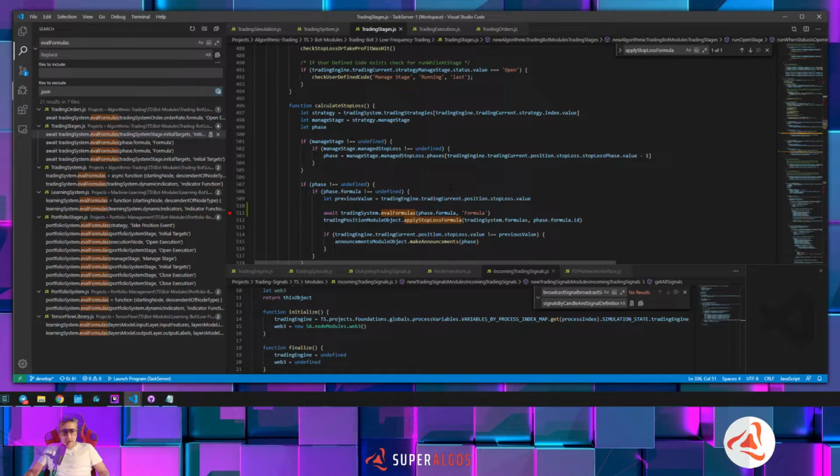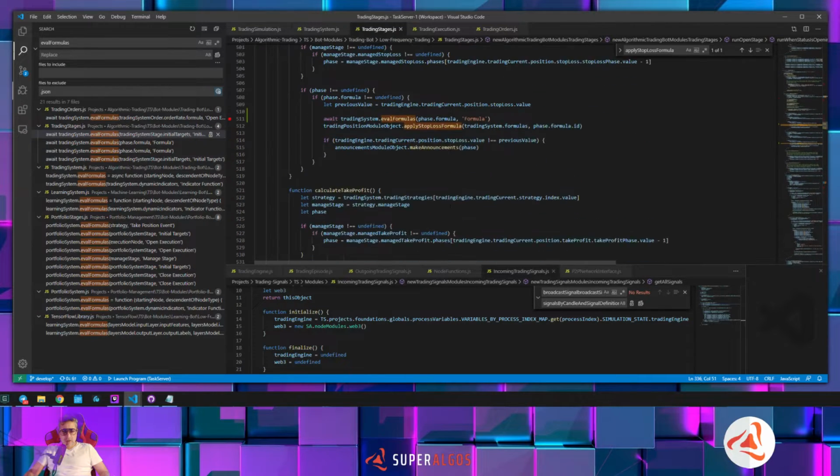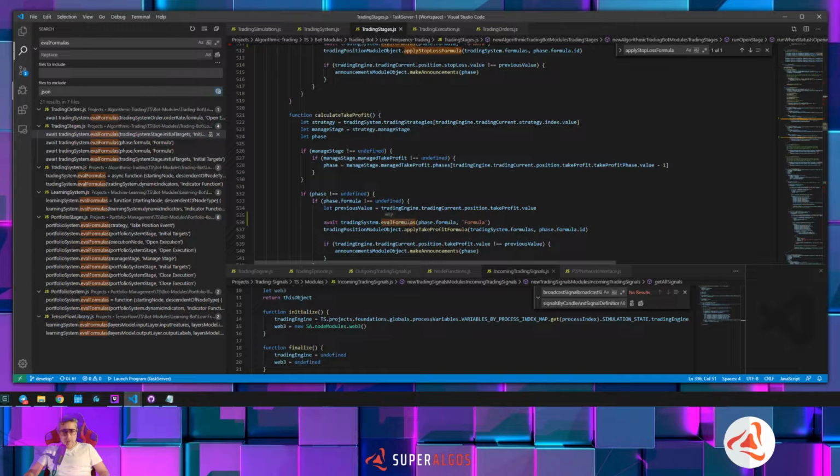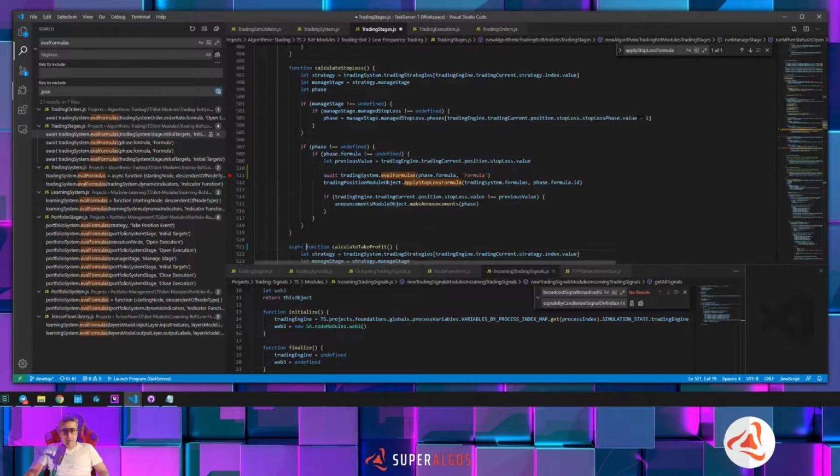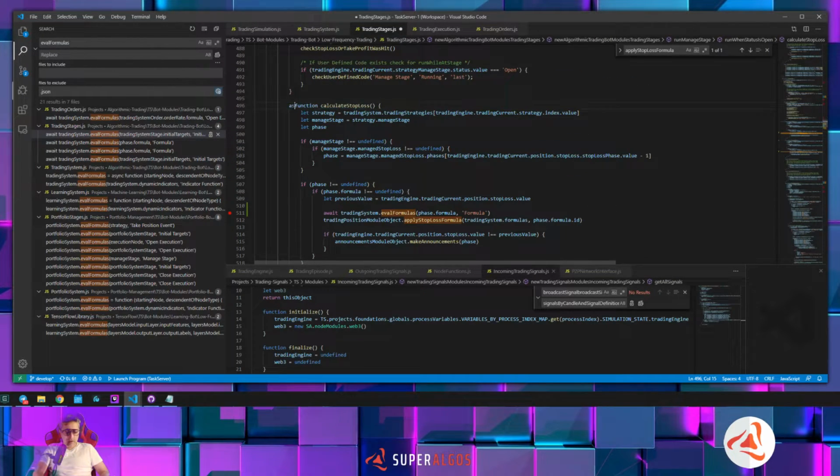Okay, calculate stop loss. And also in this one, calculate take profit. Okay, you're right. This should be an async function. This should be an async function.